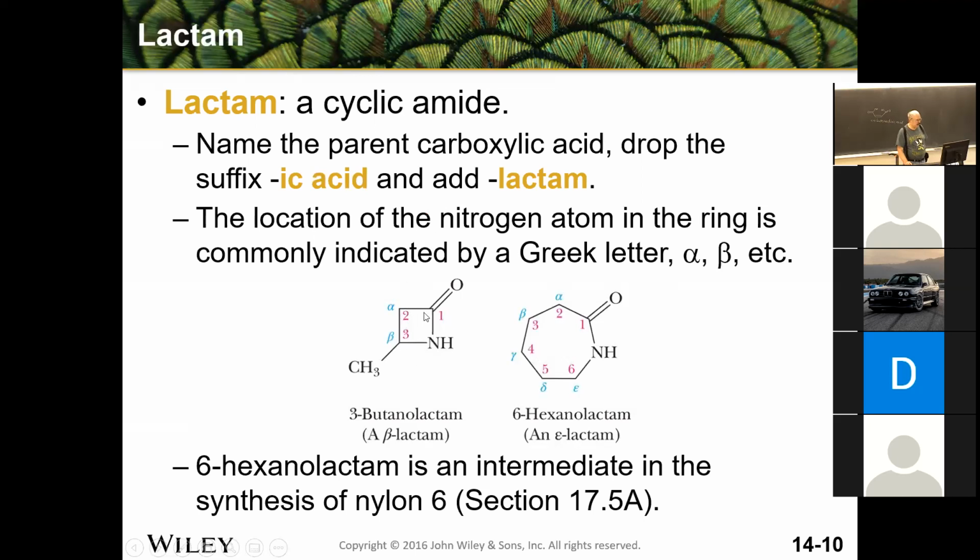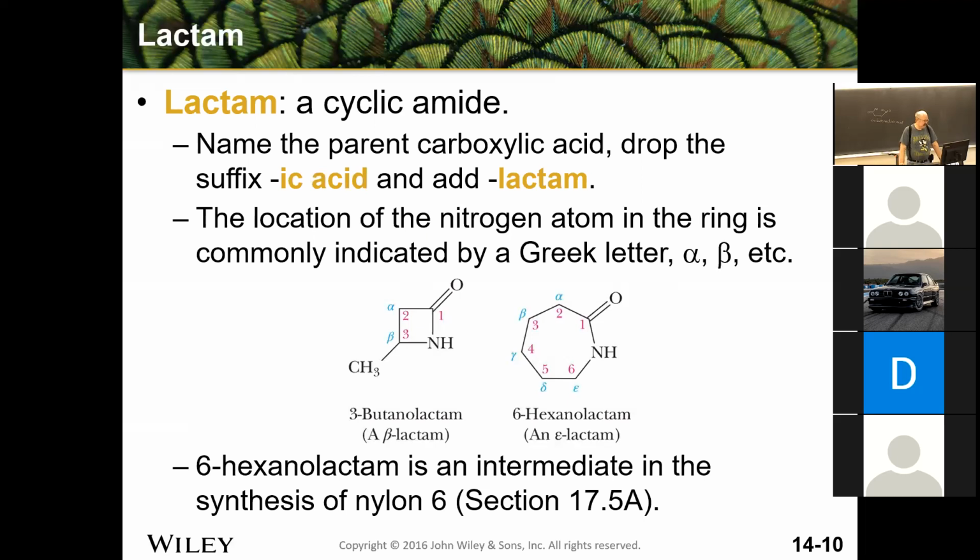Okay, a 4-membered ring is called a beta-lactam. And this is a 7-membered ring. It's called an epsilon lactam. This one on the right is an intermediate in the synthesis of nylon 6.